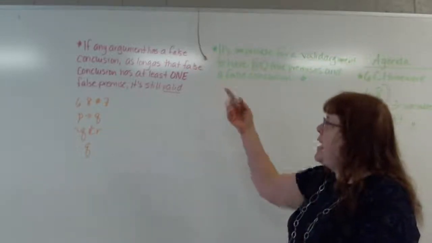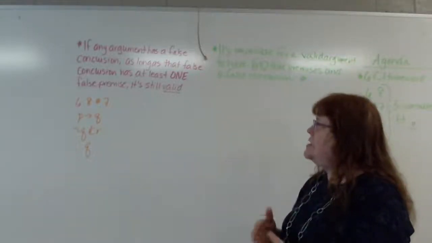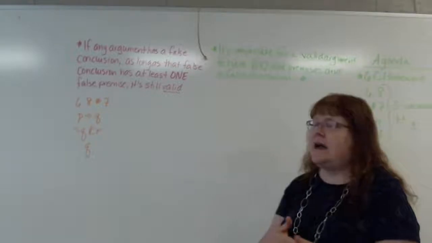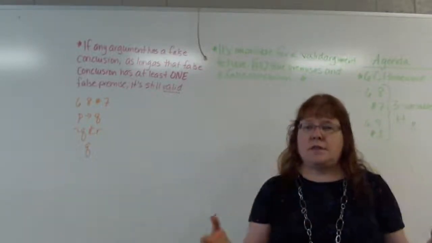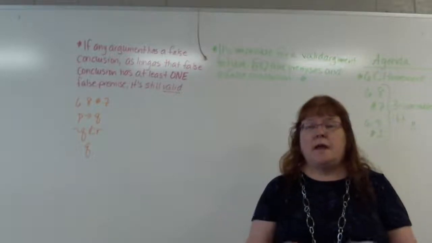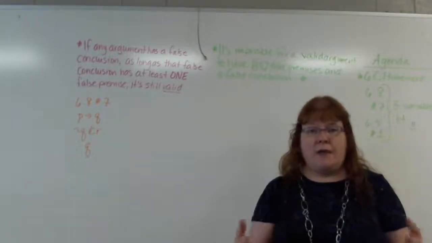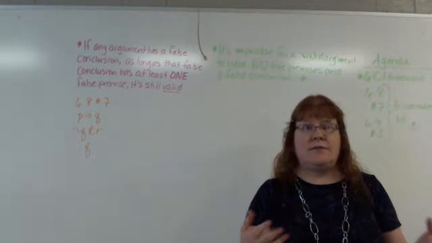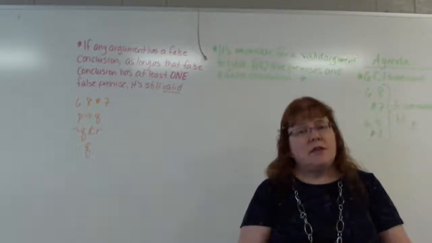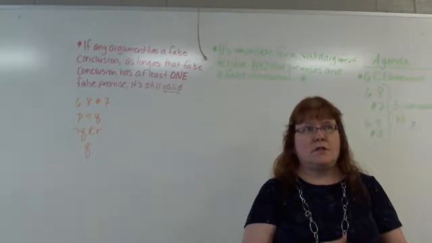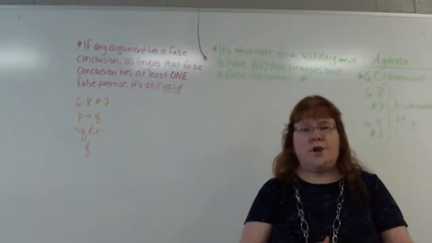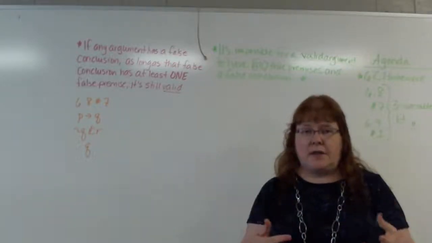So if an argument has a false conclusion, as long as that false conclusion has at least one false premise, my argument is still valid. Now, if your argument has 5 false conclusions or 8 false conclusions, you have to look at each one individually and make sure that each of those false conclusions has at least one false premise, and it's still a valid argument.